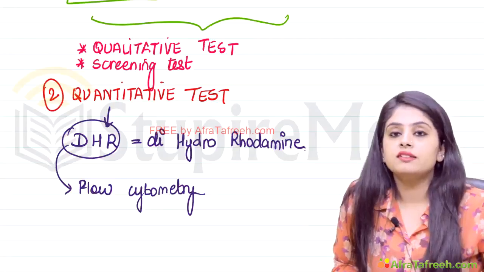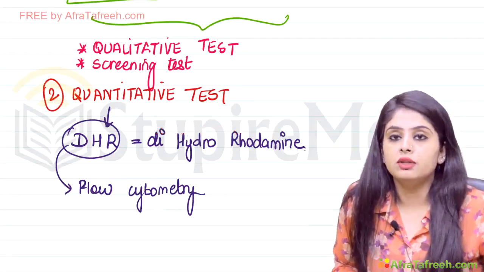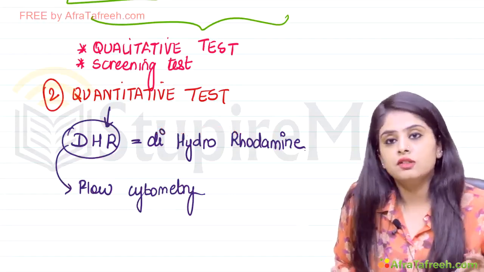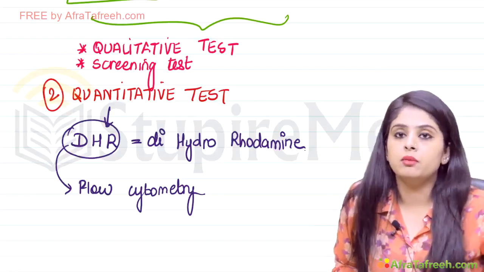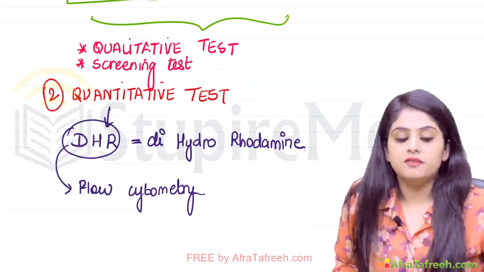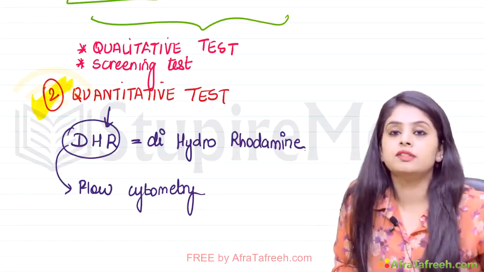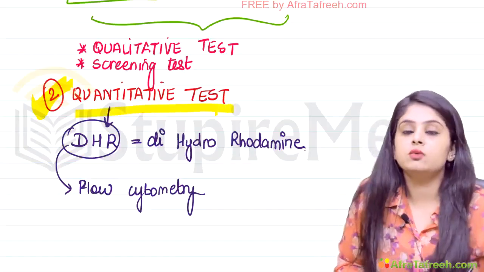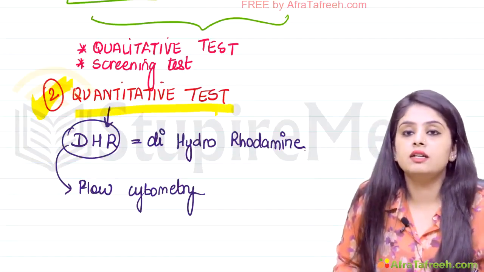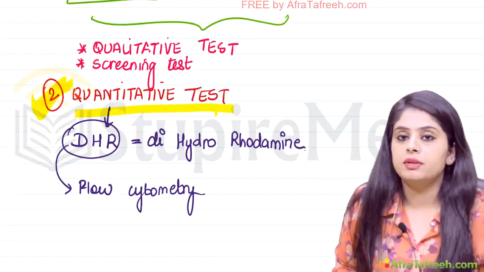The qualitative test that we have is NBT, nitro blue tetrazolium, where color change is normal, and no color change or remaining colorless is abnormal. The quantitative and thereby the better test, if you are asked to select in the exam, will always be the quantitative test where you are quantifying DHR, dihydrorhodamine, by flow cytometry.